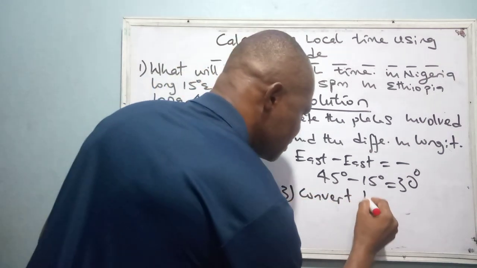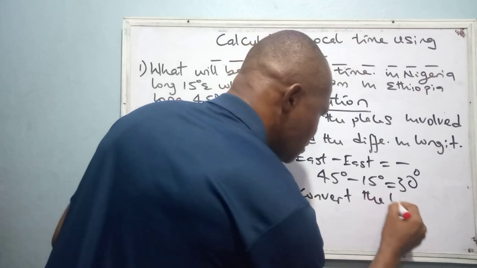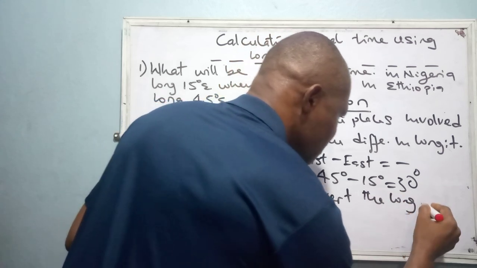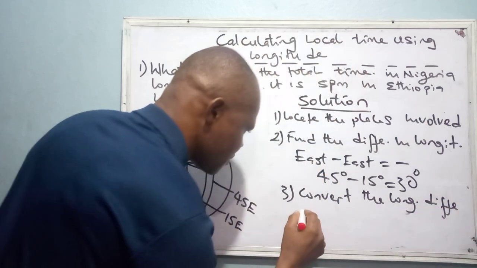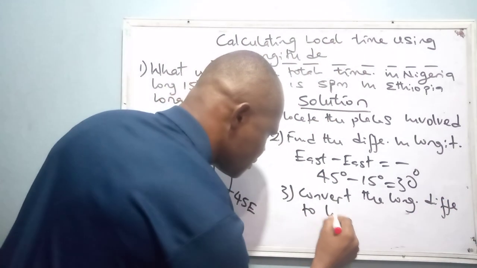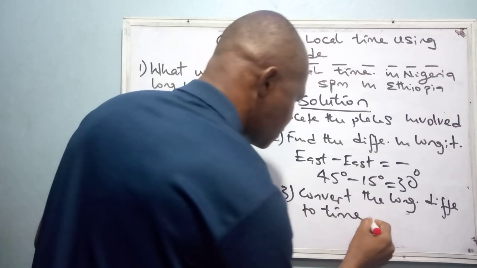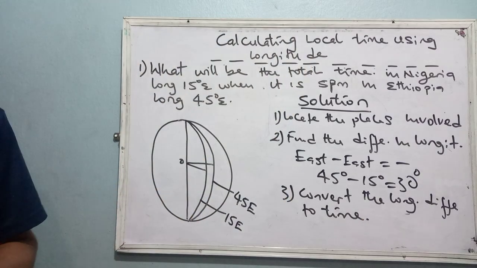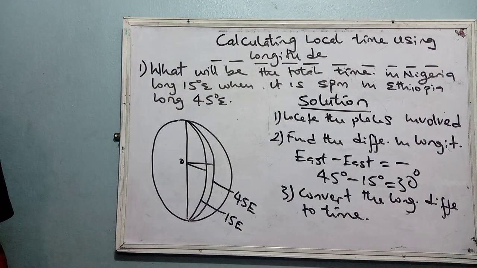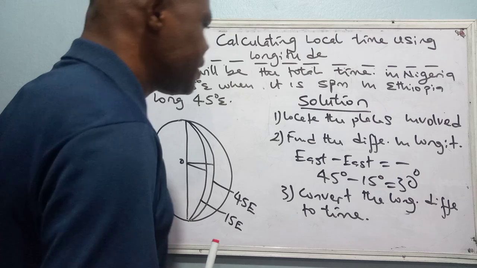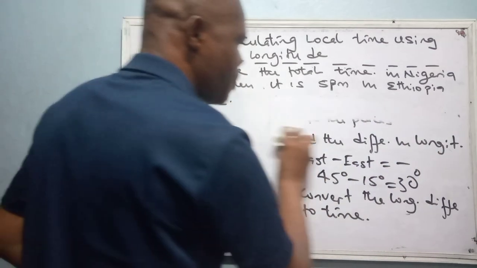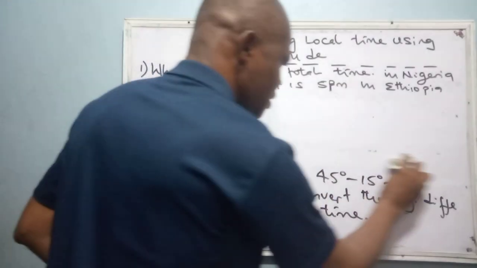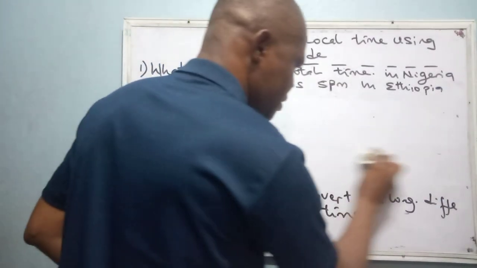Convert the longitudinal differences to time. So that's the next step that we're going to take. So for the sake of space, we're going to clean this top part to give us space to solve that.